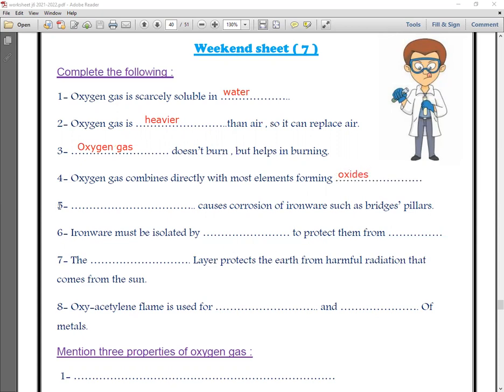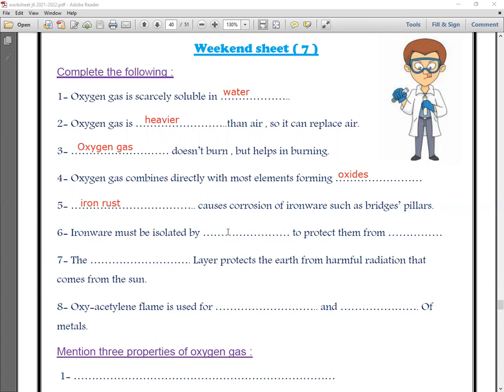Number 5, what causes corrosion of ironware, such as fridges, pillars? This is iron rust. Iron rust causes corrosion and damage for the ironware. Number 6, ironware must be isolated by what?